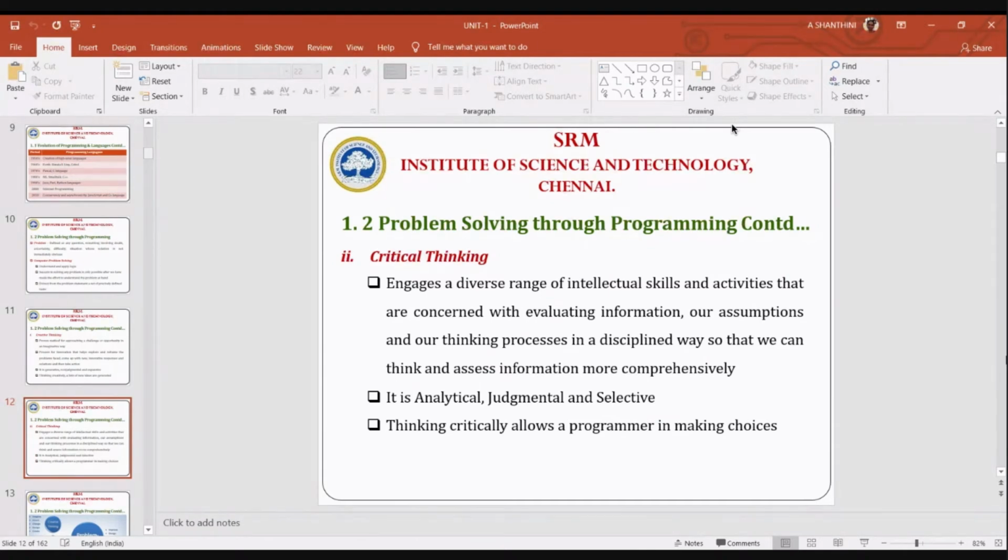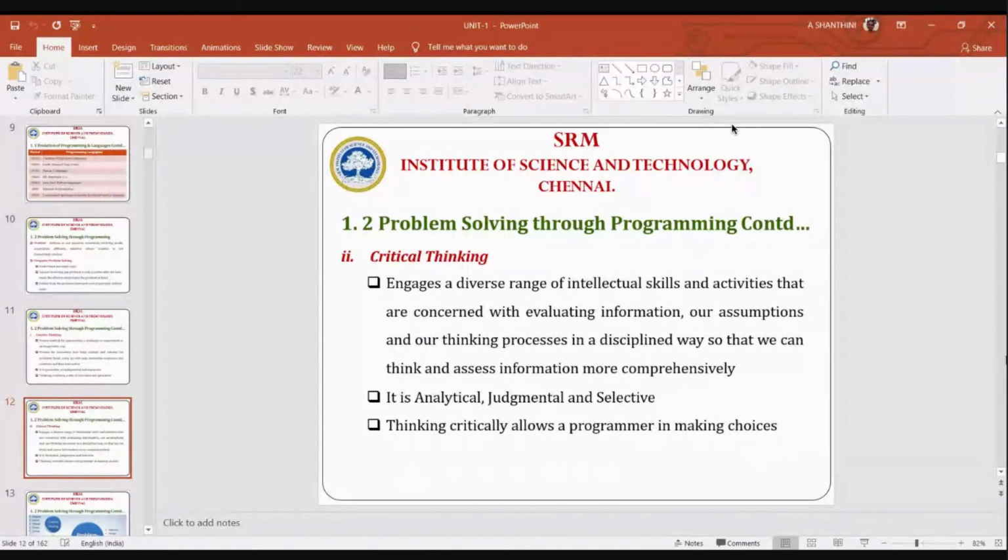So critical thinking is to think for that time about what you're supposed to do. You are going to make a judgment, actually. You think, I have to make other patients wait since this is an emergency, and I should allow this emergency case to be attended first by the doctor. There you take an analytical approach, you think for a time and take a proper decision in a judgmental way. Critical thinking is that you have to take a proper decision in time.